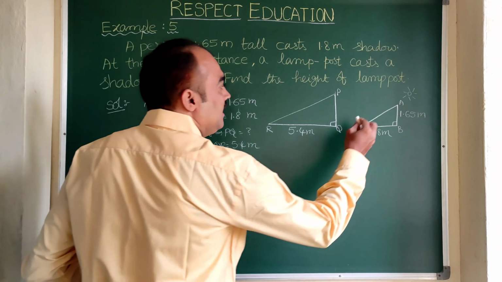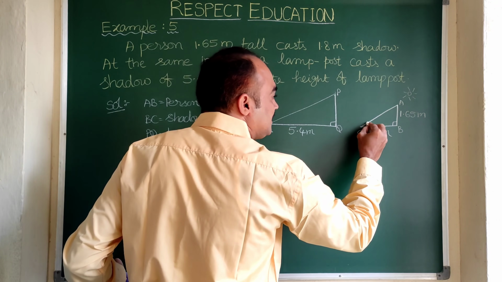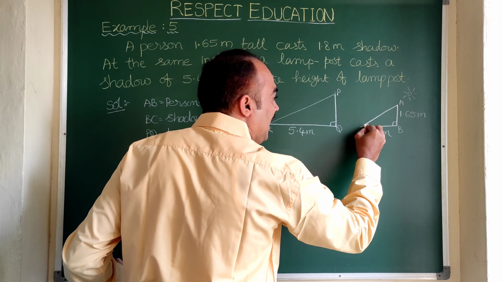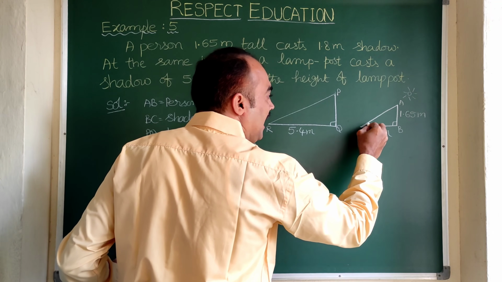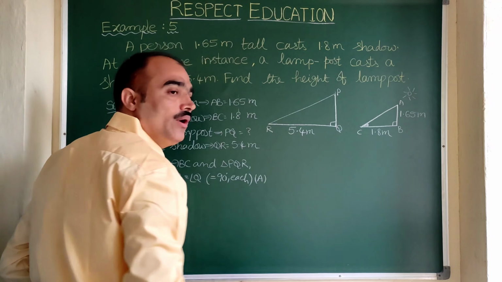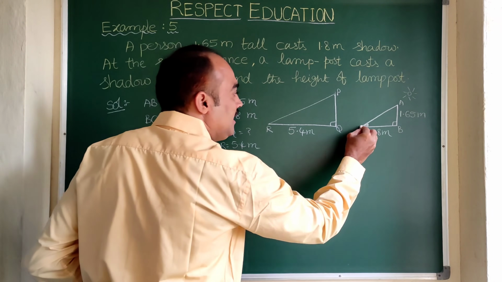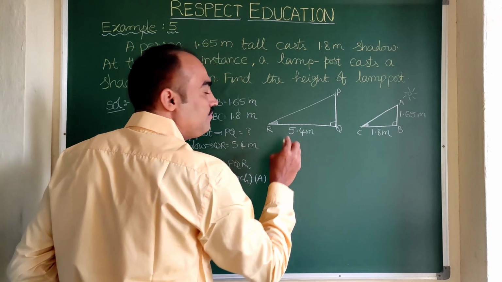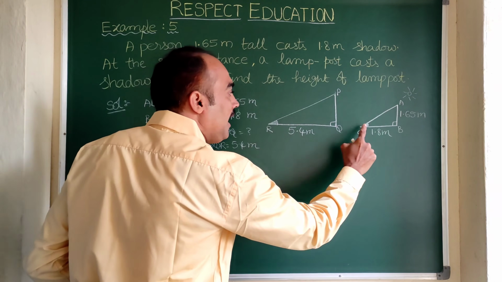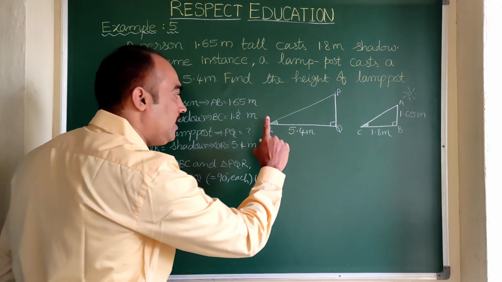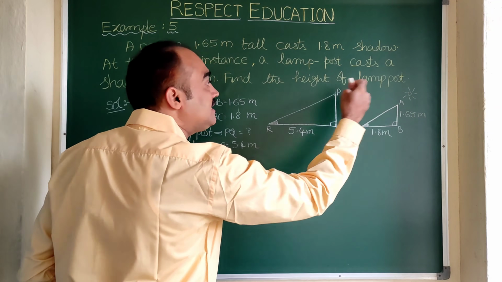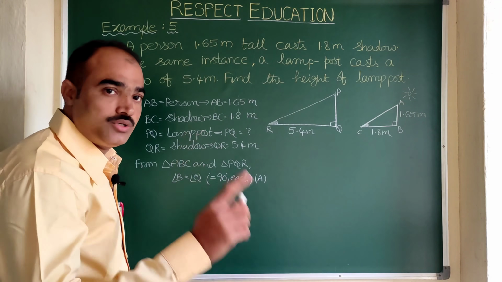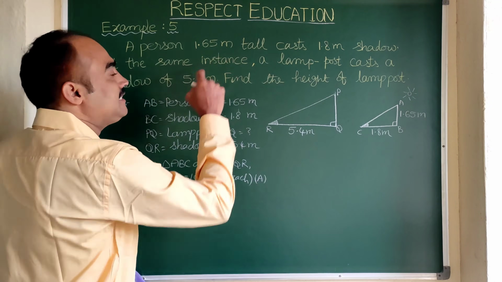Same way, here you see, here is the sun and this is the angle. This is the angle made at the point C. Same way, this is the angle made at the point R. These two angles are made by the sun rays, and that too at the same instance.